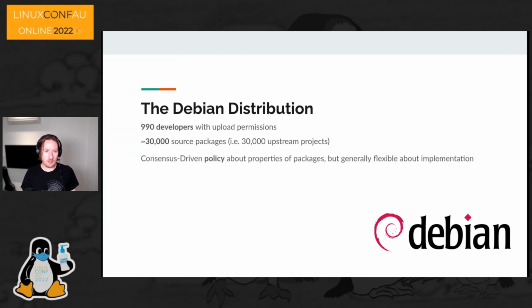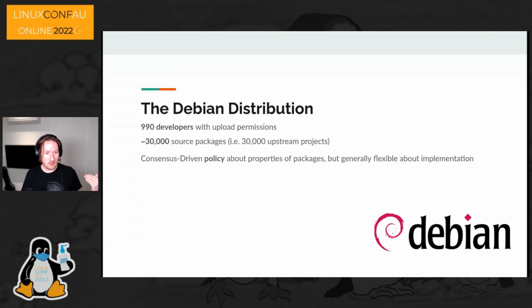And then Debian has a large policy that specifies what packages, binary packages in particular, should look like and comply with. The development of the policy is mostly consensus driven, but the policy also tries to be generally flexible about how it is met.